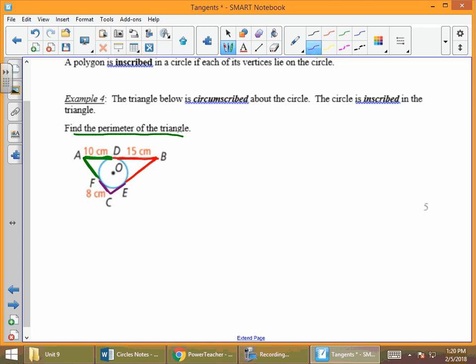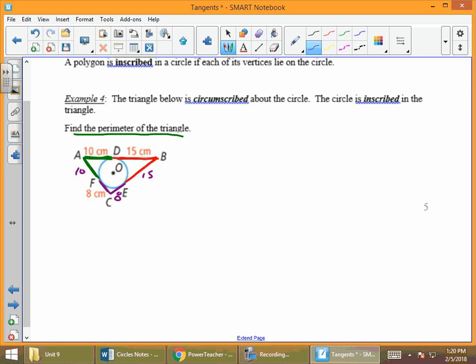And these 2 green lines both come from point A. These 2 red lines come from point B, and these 2 purple lines come from point C. So what do we know about the 2 distances of the green lines? They're equal. So if that one's 10, what's this one going to be? 10. If this one's 15, what's that going to be? And if that's 8, what's this going to be? 8.